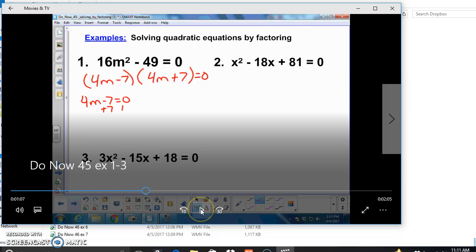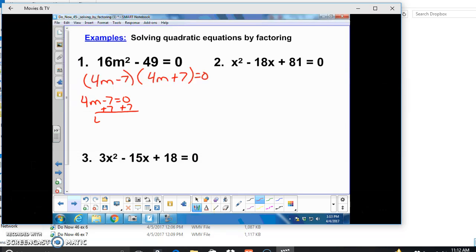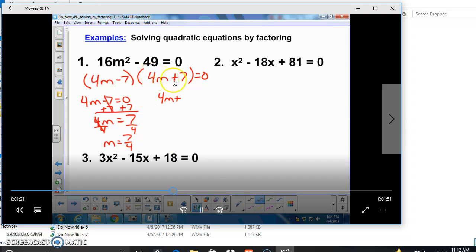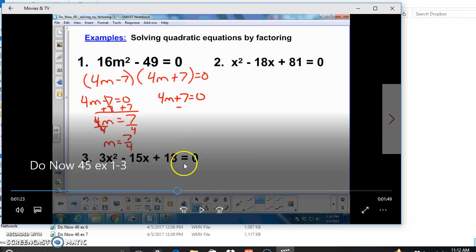I'm going to set 4m minus 7 equal to 0, and I'm going to solve it for m. I'm going to add 7 to both sides and get 4m equals 7. Divide by 4, and m is 7/4. So that's one choice for the variable. Now set the other one equal to 0, the 4m plus 7.